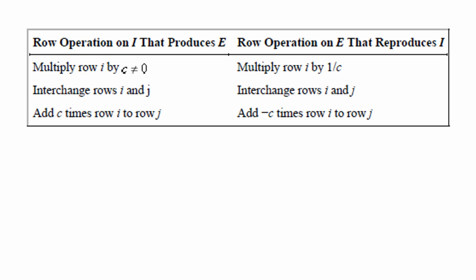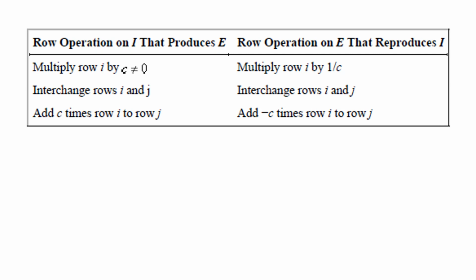We know from the first discussion that we had that if the elementary matrix results from performing an elementary row operation on an identity matrix I, then there is a second elementary row operation which, when applied to the elementary matrix, produces the identity back again. So in this slide, it's the list of these operations.